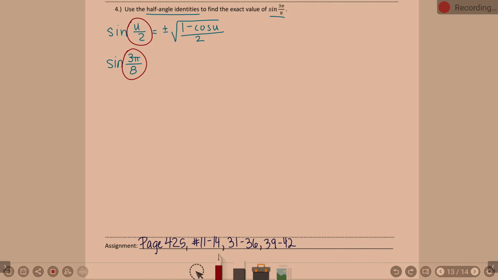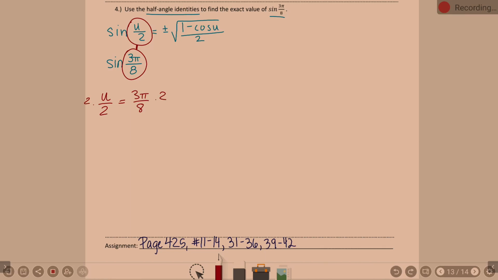The easiest thing I can say is to set these two equal to each other. So if I set u over 2 equal to 3 pi over 8, because they're in the same position, both in sine, can you solve that to find u? How can we find u? If it's u divided by 2, we're going to multiply by 2.